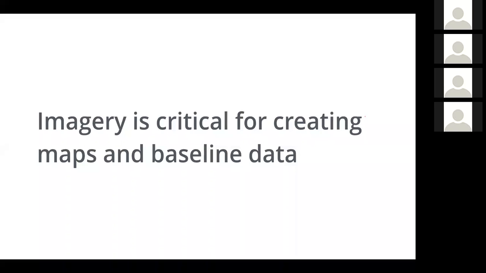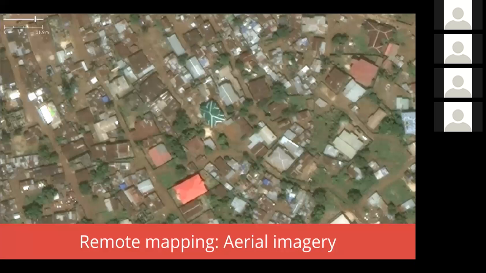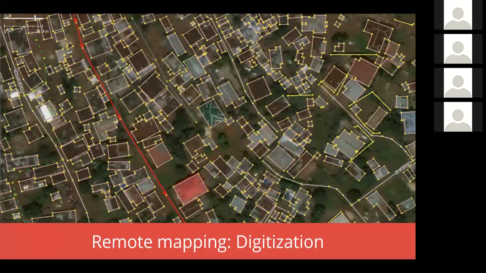So one of the things is that imagery is super critical for creating maps and baseline data. We know this when we're doing remote mapping: we use some type of aerial or satellite imagery, and we can see building footprints, roads, observable infrastructure, and then we digitize it, right?